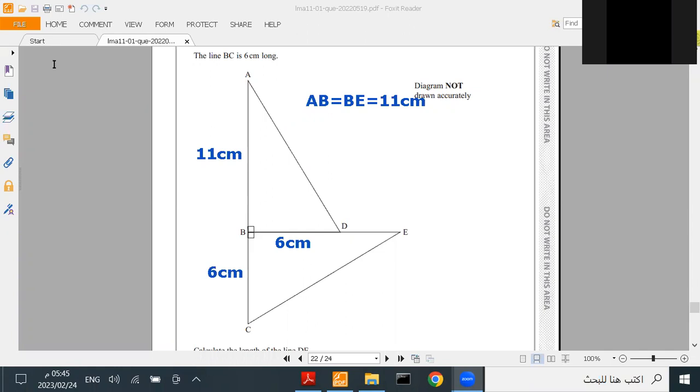So AB is the same as BE, which is 11 centimeters, and BC and BD are the same, which are 6 centimeters. Now we need to find DE, so we say 11 minus 6 centimeters equals 5 centimeters. So we found out that DE equals 5 centimeters, and this is the answer to the question.